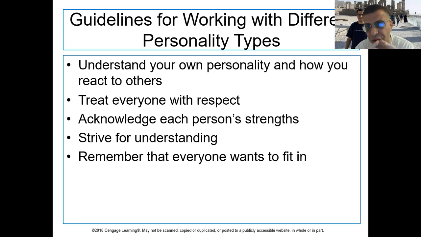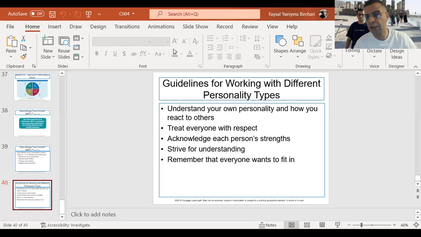These are guidelines for working with different personality types. If you use these, you're not going to go out of the whole influencing range for people. So that's the end of the chapter. Thank you very much.